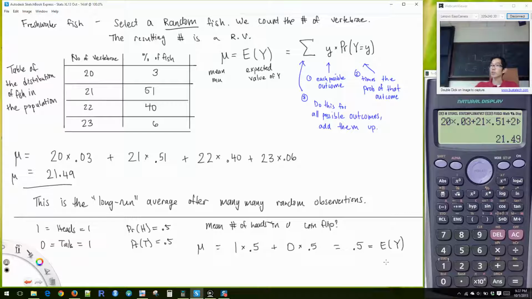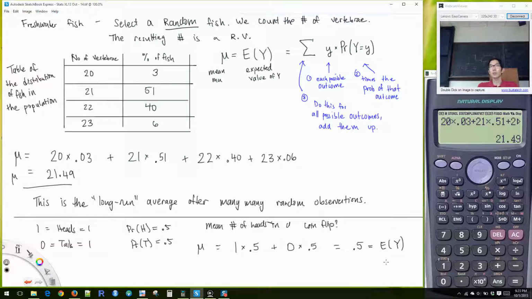Yes? So you know how you gave tails the number 0? What if you gave it the number 2? Or do you always have to start with 0? You don't always have to start with 0, okay? But then if you gave tails the number 2, you would have a different interpretation to the question.